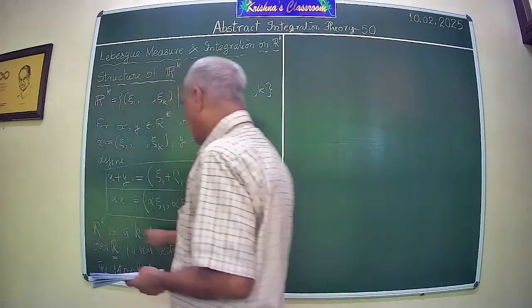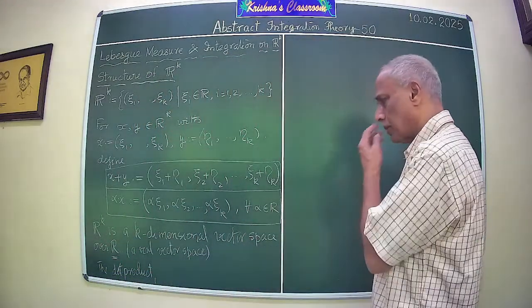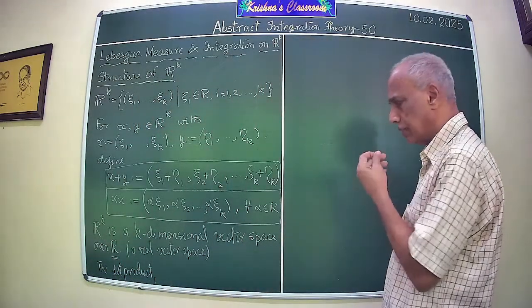You see, this is the algebraic structure. The linear space structure is the algebraic structure.